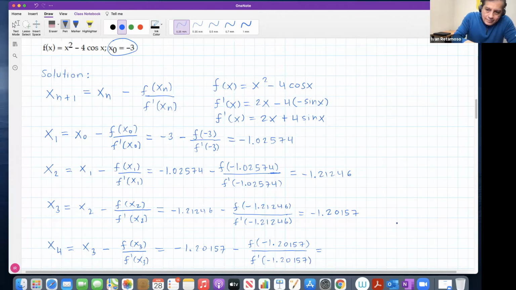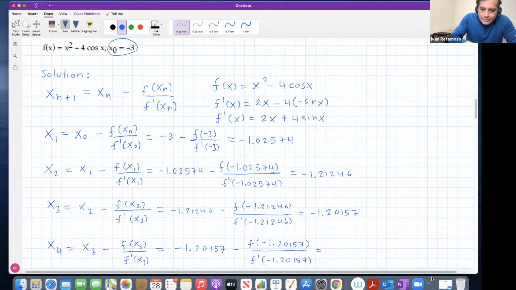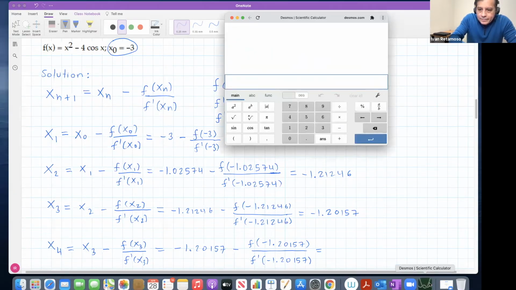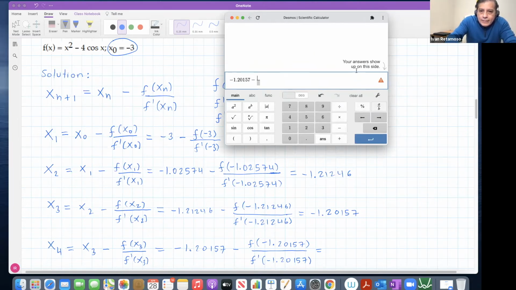So let's bring back our Desmos calculator. For some reason I closed it, but it doesn't matter. Let's do it again: negative 1.20157 minus the evaluation of the function. For that I need a fraction form.